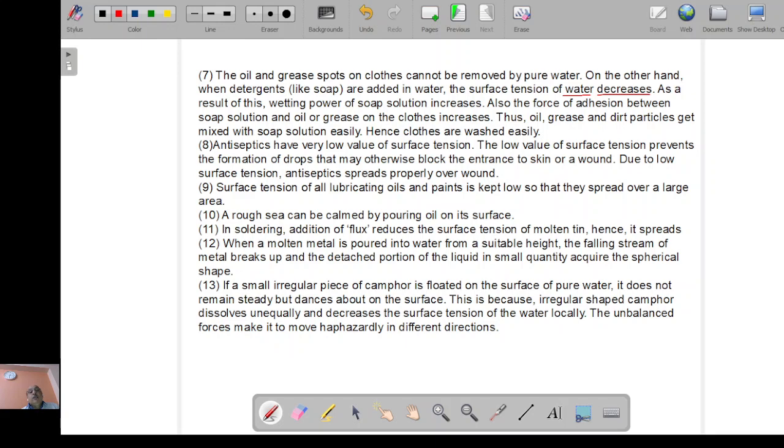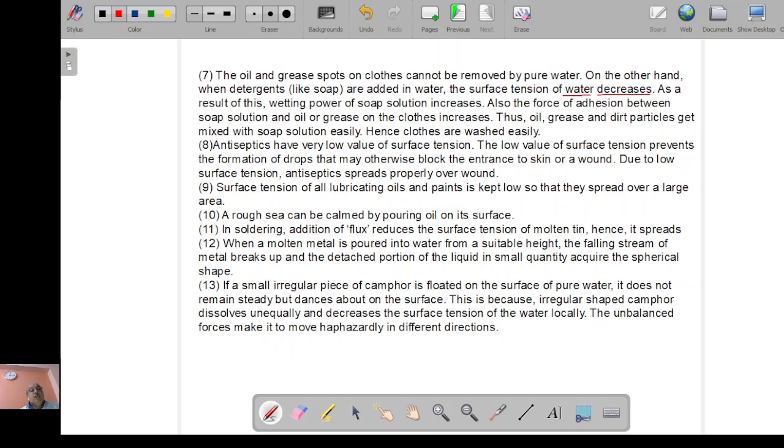Then oil will not wet the surface of the cloth. Thus the oil, grease and dirt particles mix with the soap solution easily. Hence clothes are washed easily.